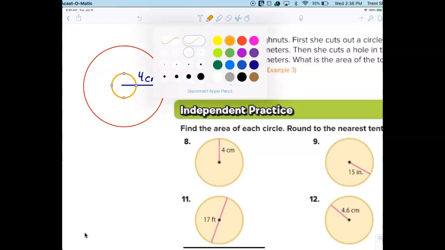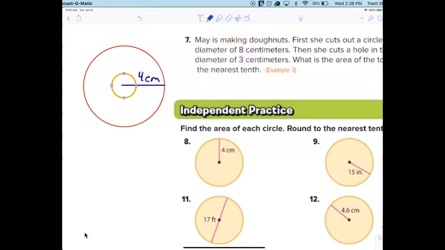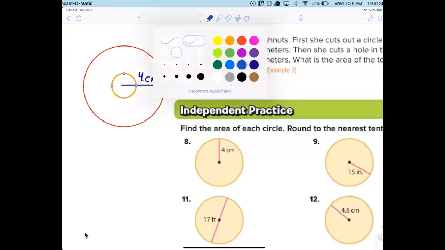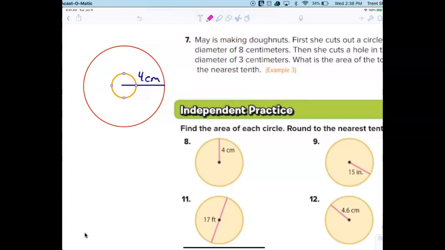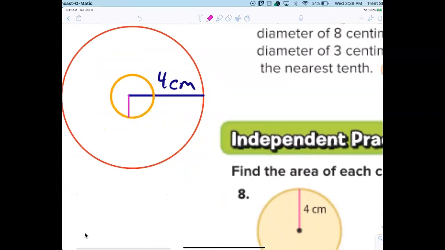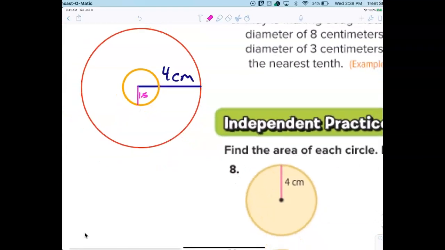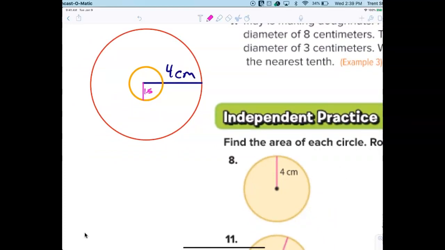Yes, 1.5 centimeters. So if I draw from here to here, this right here now is 1.5.